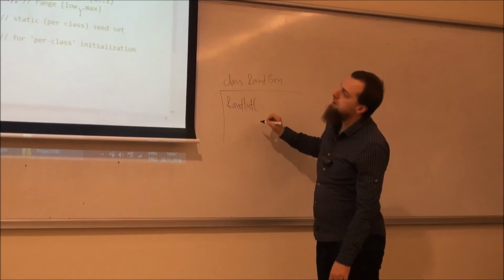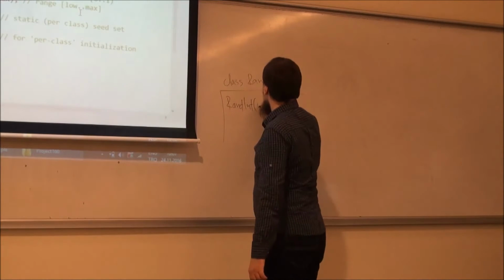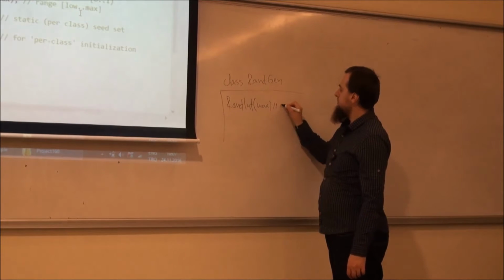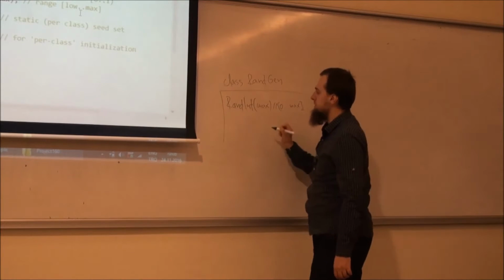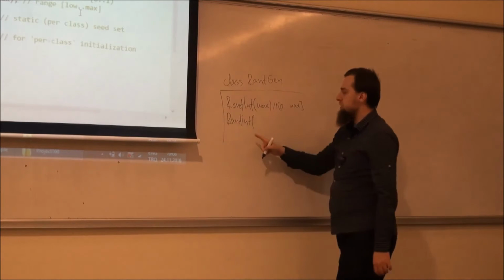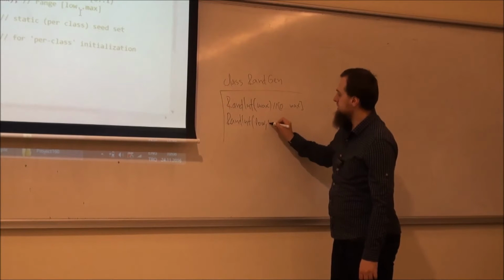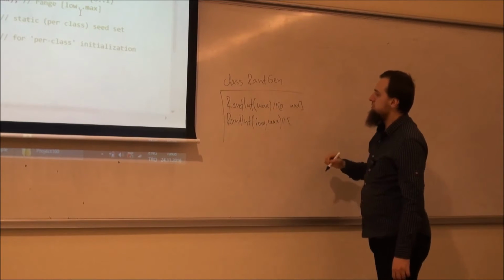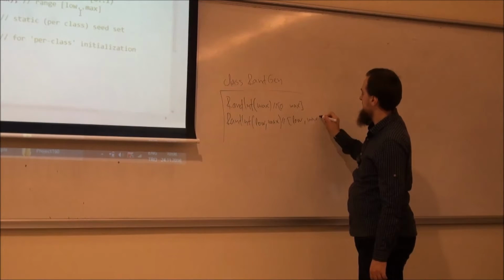Like random integer, which returns an integer between 0 and max. Max is given as a parameter. We have another random integer function, but it takes low and max. It takes two integer parameters, and this function returns a random number between low and max.